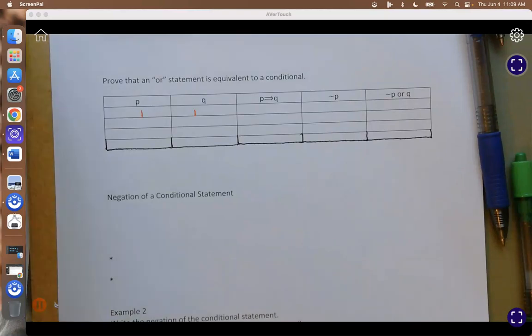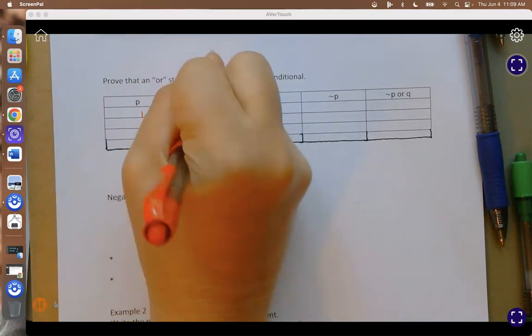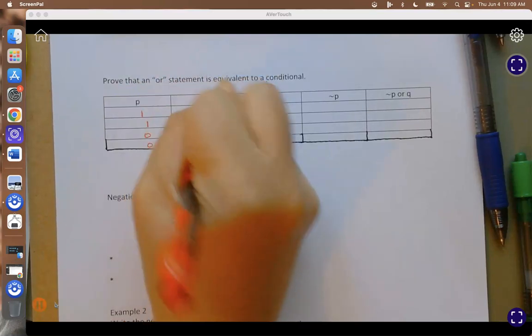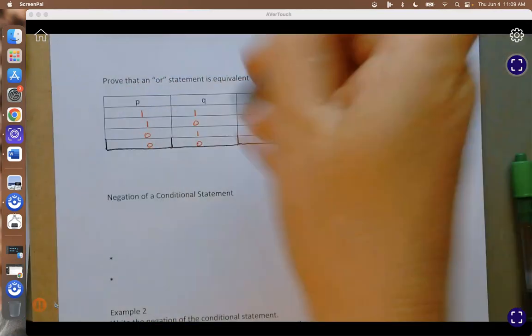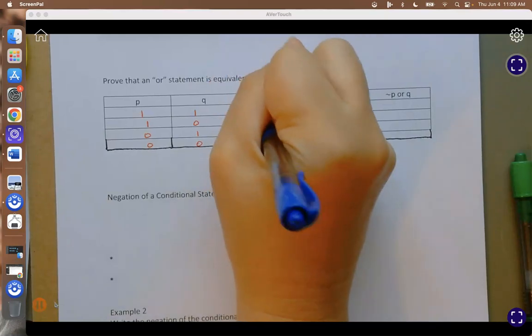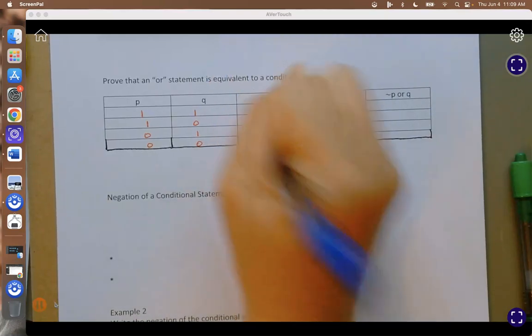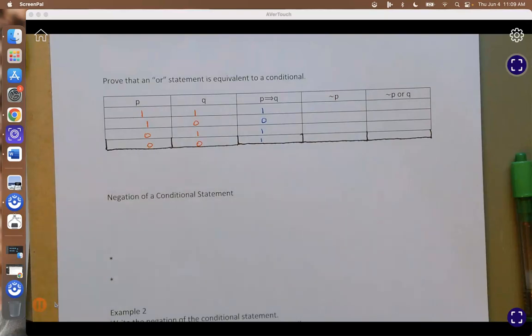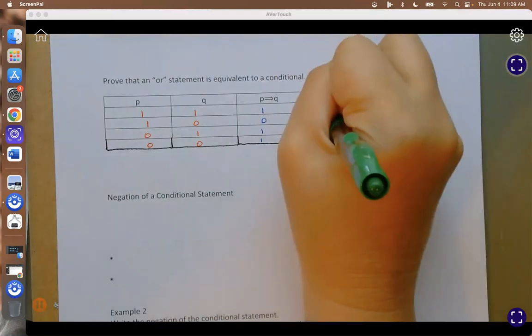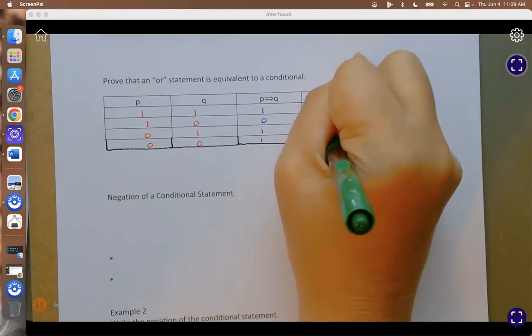All right. So 1, 1, 1, 0, 0, 1, 0, 0. Okay. Remember the only one that's off is this one. So on, on, on. Okay. Now, not P. Okay. So not P would be 0, 0, 1, 1.